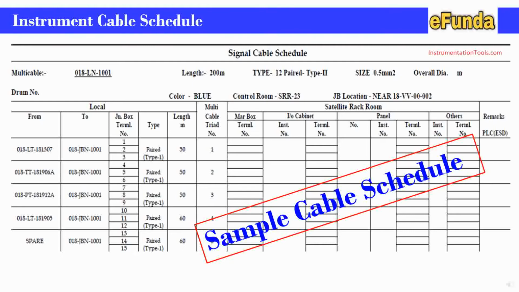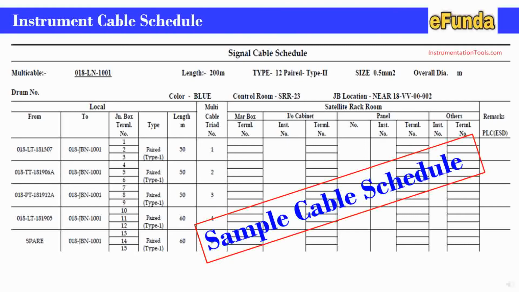Then multi cable triad number, that is a 1 number, and similarly the satellite rack room details will be furnished later based on the available details from the system vendor, that is a marshalling box, IO cabinet, panel and other details.